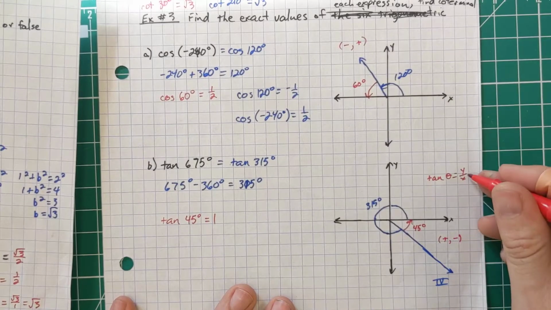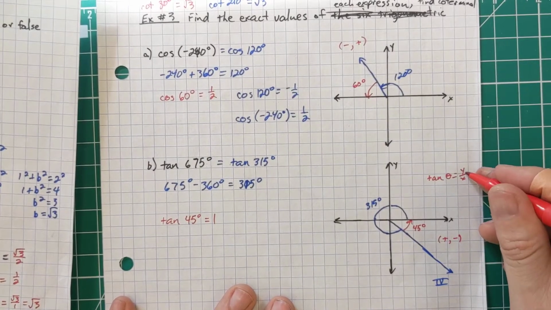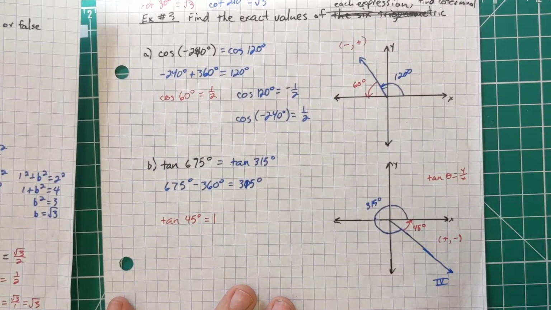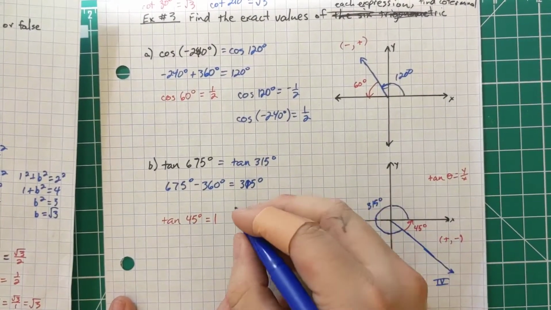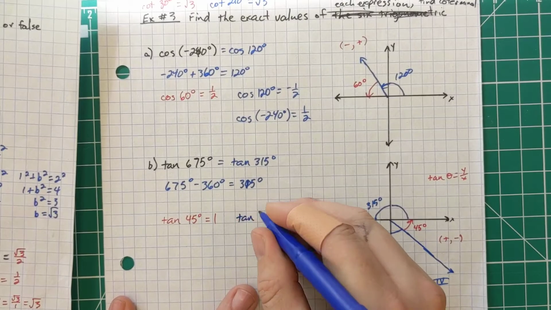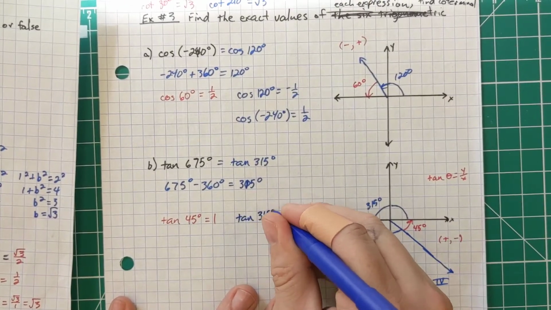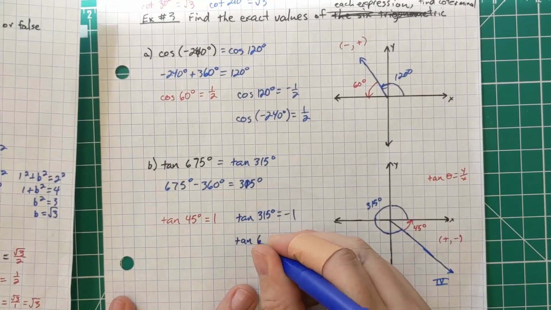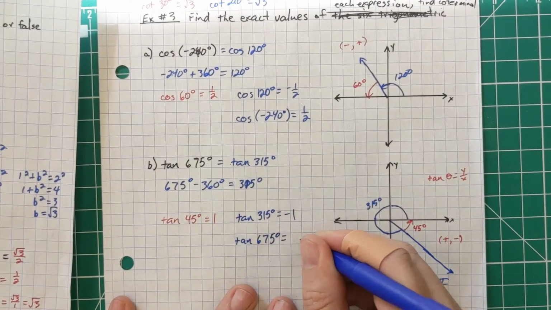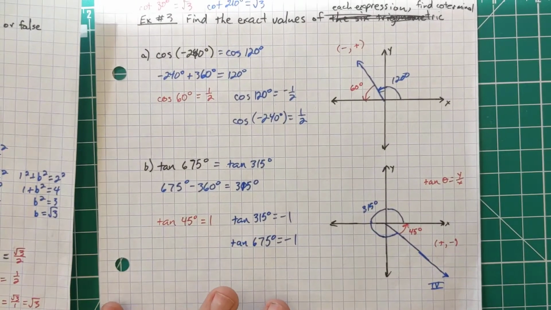So my y value is negative, my x value is positive. Negative over positive is negative. So this should be negative if I'm doing the tangent of 315 degrees, which means that the tangent of 675 degrees is also negative 1.